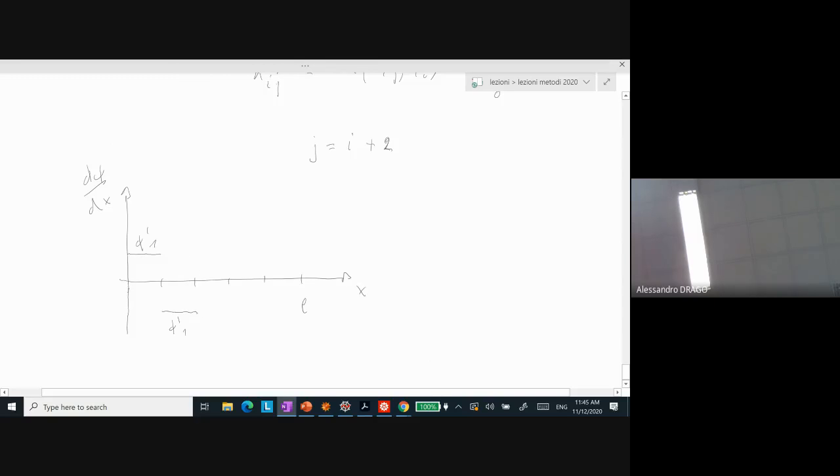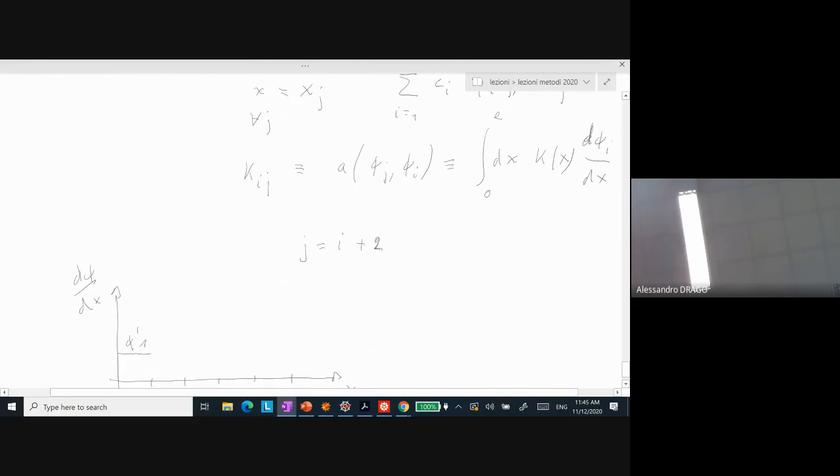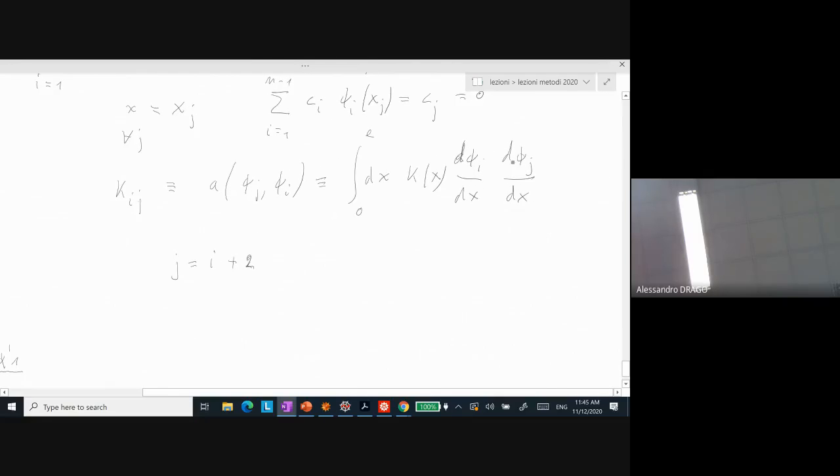After you repeat, you understand, you have something like this, and like this. So what happens when I try to compute this matrix with j equal to i plus 2? Of course, what enters is phi_i prime of x times phi_j prime of x.